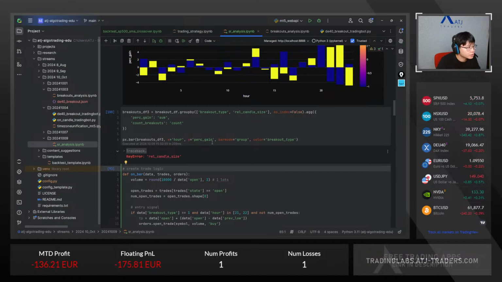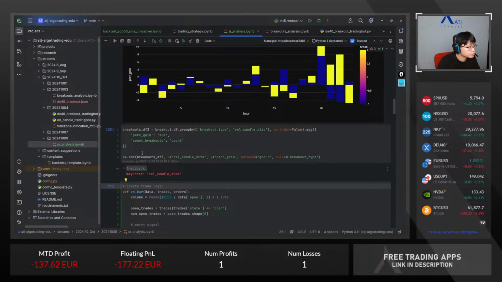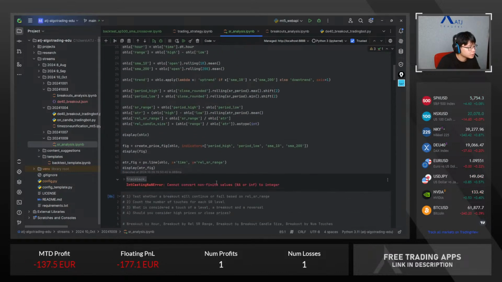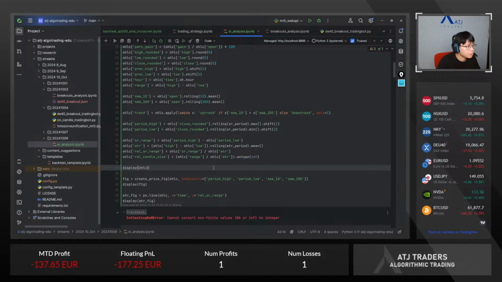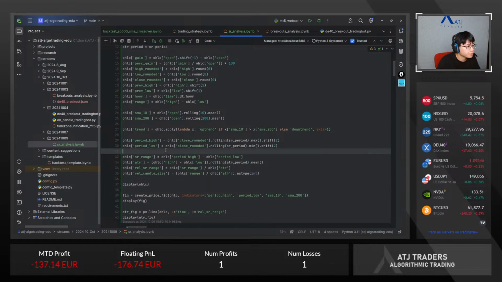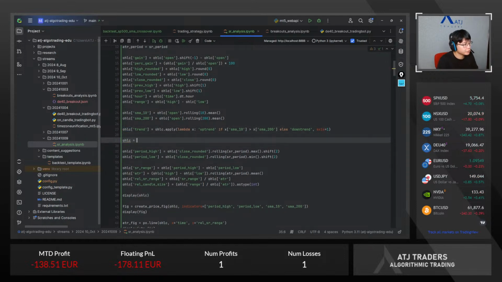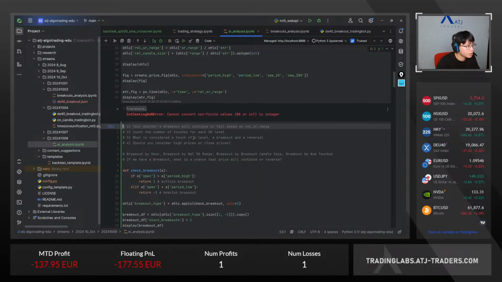I can't use hour, but I'm now grouping by the relative candle size. Wait, can I convert non-finite values, NA or integer? Okay. I think because we use a lot of rolling here, the problem is that we have some NaN values. So I will just drop none values so we can work without it.